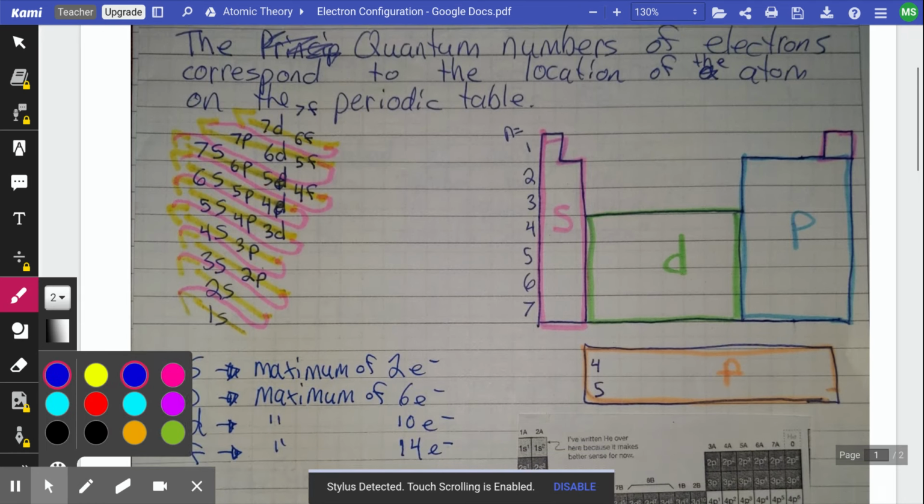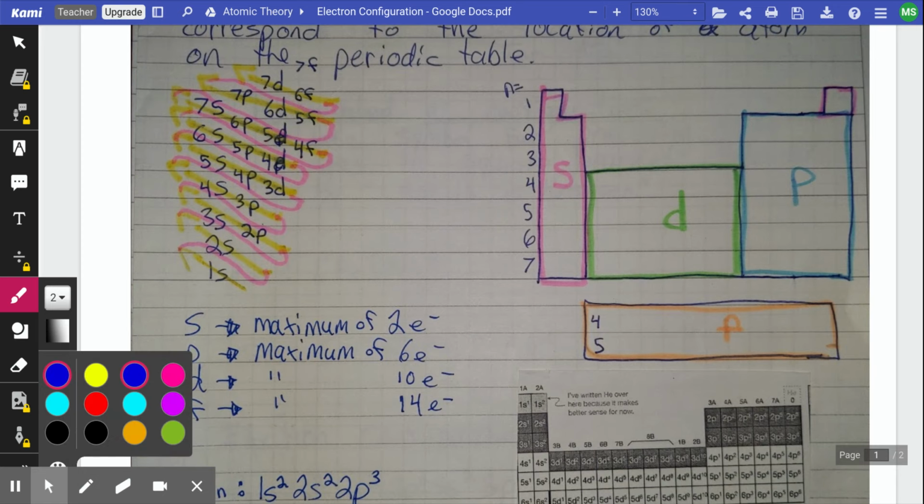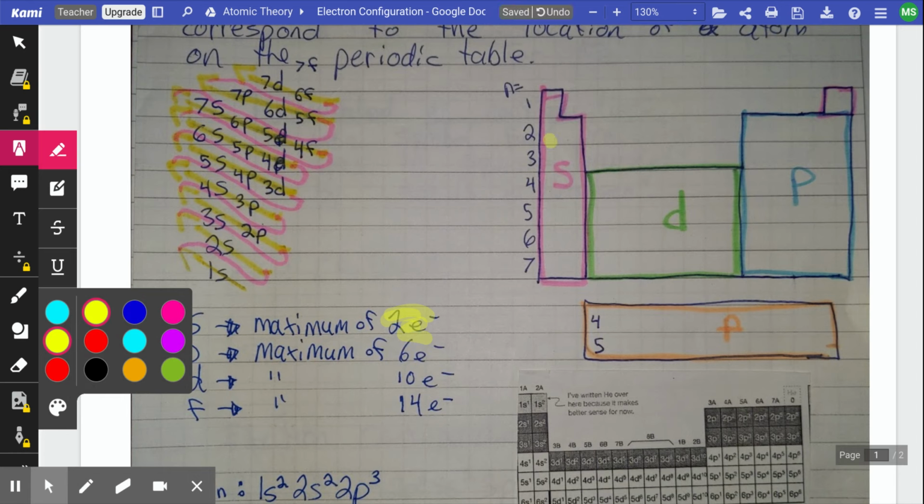Now, something else that I'm pretty sure the video talked about is that each of the orbitals has a maximum number of electrons that can fit in it. The s orbitals can only hold 2, and that should make sense to you, because when you look in the S block, I'm going to highlight this, there are only 2 spots in the S block.